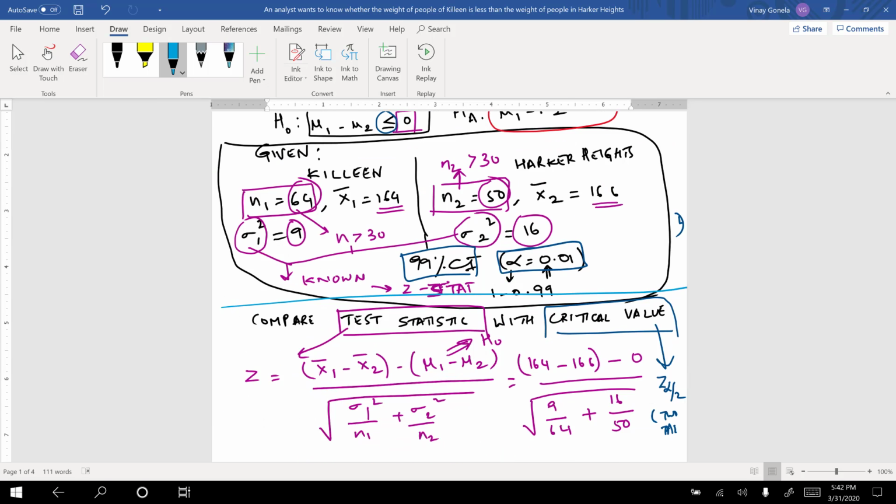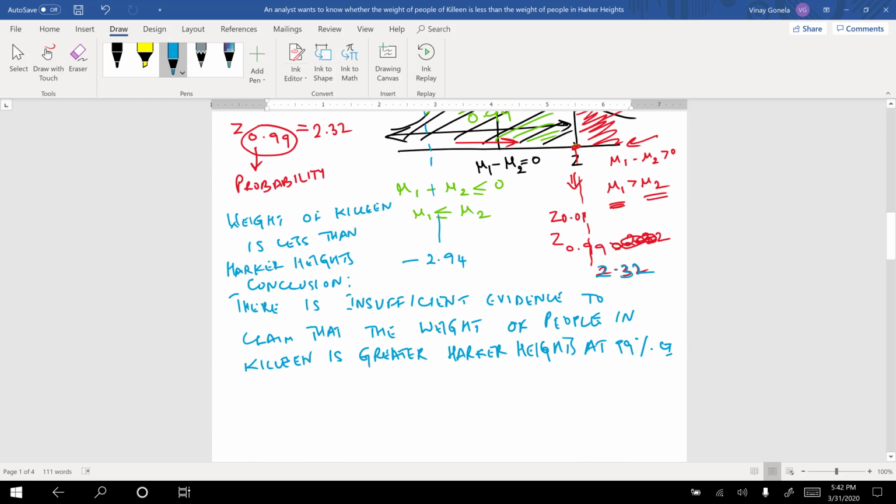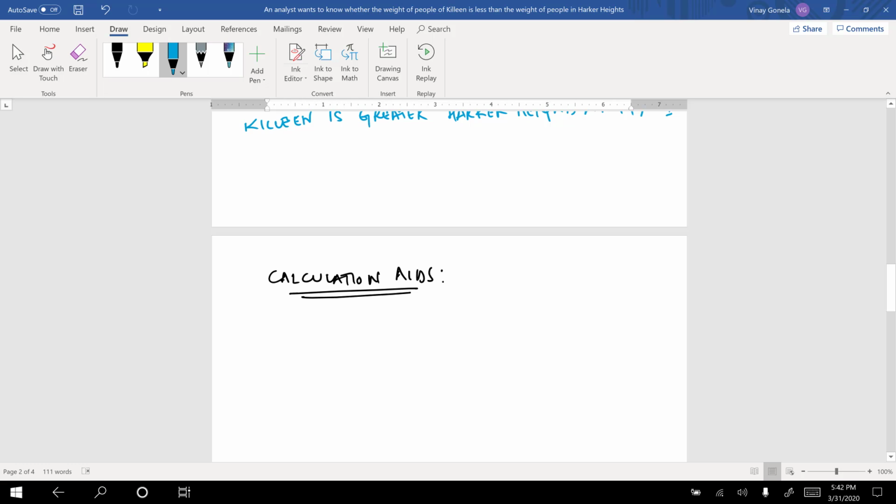So H null is mu1 less than or equal to mu2. Our alternative would be mu1 greater than mu2.